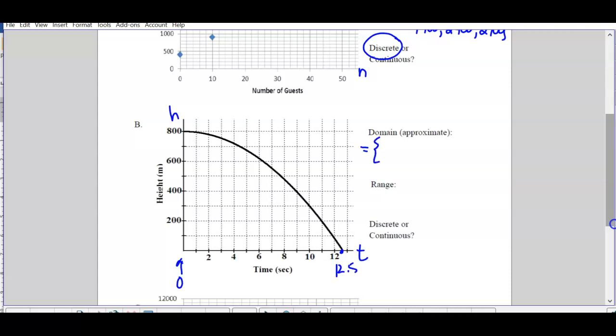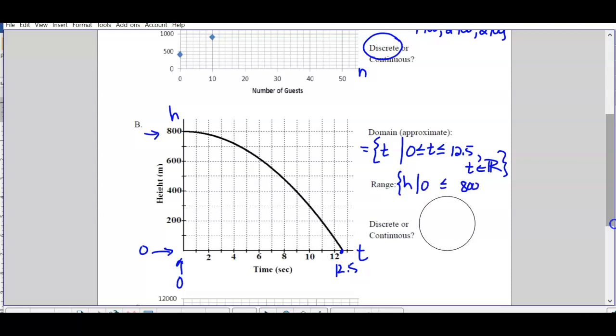So that's all the t values where t is between 0 and 12.5. So t goes in between with inequalities, and then t is an element of the set of reals. Range is 0 to 800. So that is height from 0 to 800.